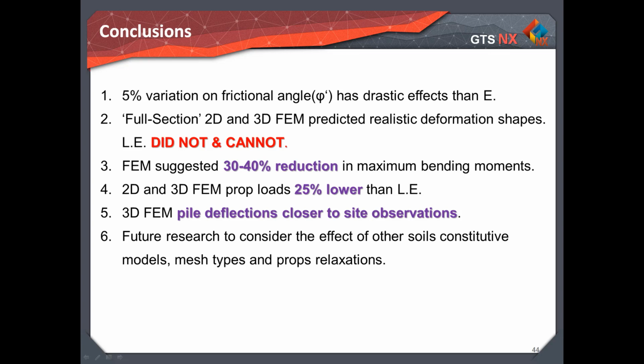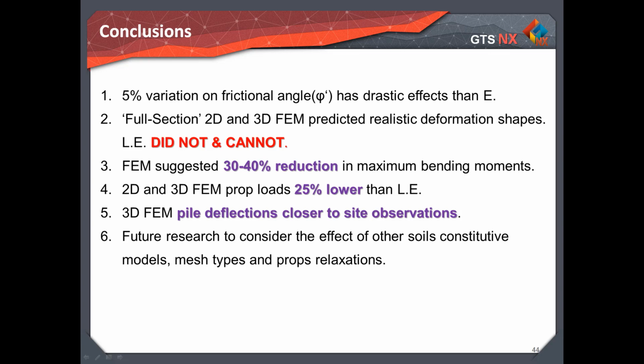Maximum bending moments were in the region of 150 kN per meter per limit equilibrium, while both FE models suggest 90 to 110, which is a 30 or 40% reduction.